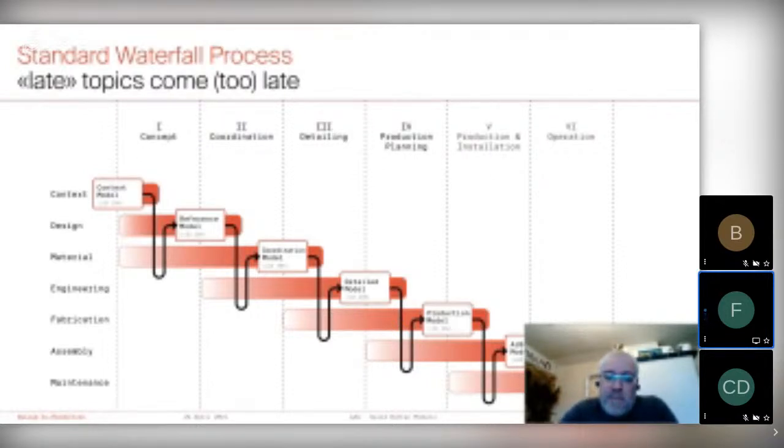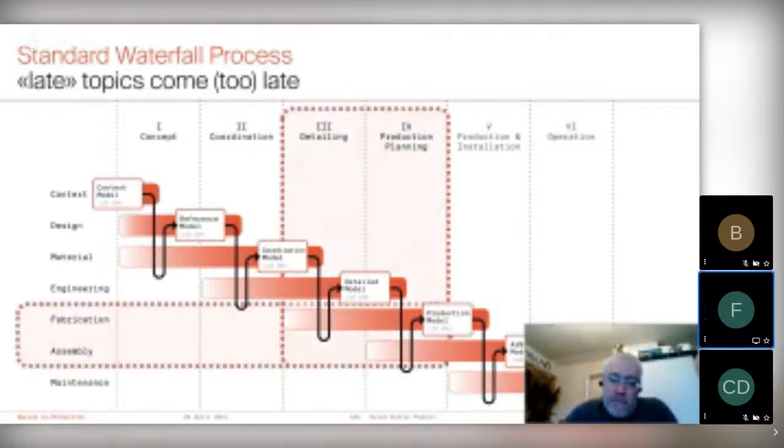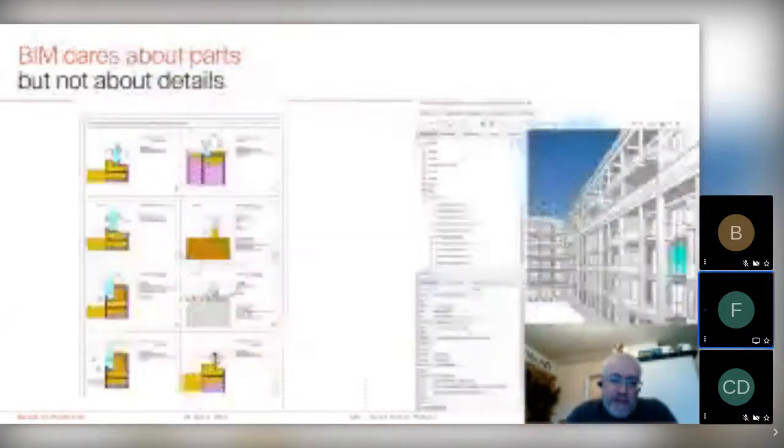Basically, you drill down deeper the further you get, which leads to the not so good result that you start talking about fabrication and assembly only once you've reached the detailing and production planning stage of the project, which is not good if you're trying to do product development on an assembly kit like an IKEA shelf. You need to have fabrication and assembly in mind a bit before, so the interesting topics come to light.